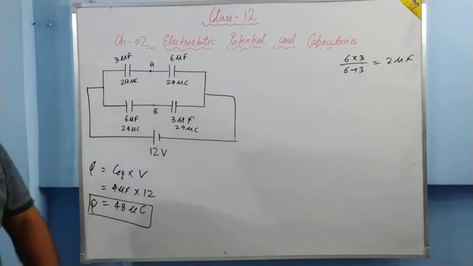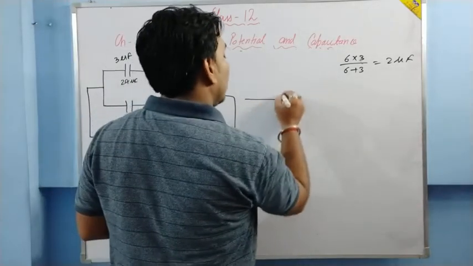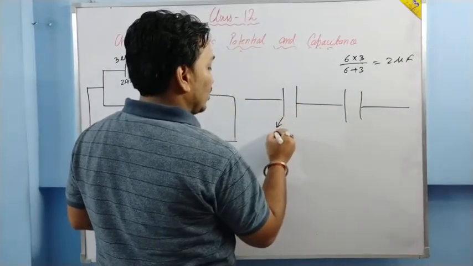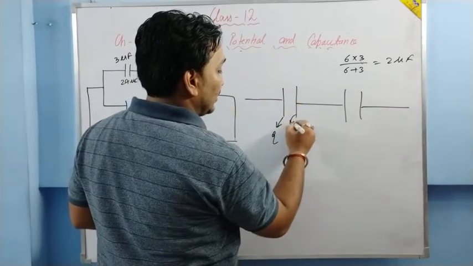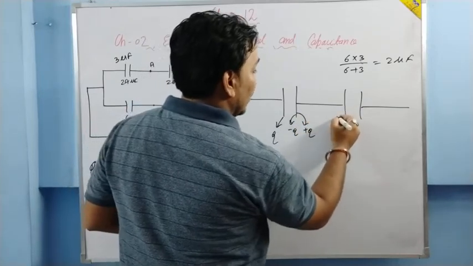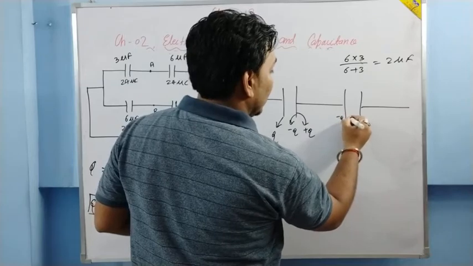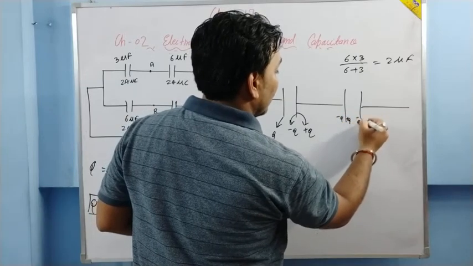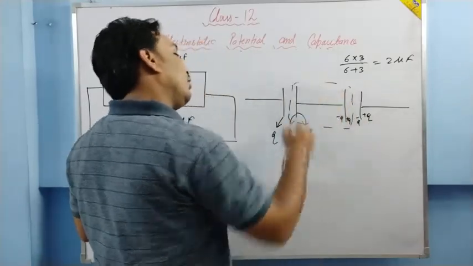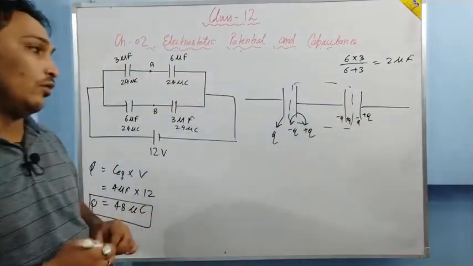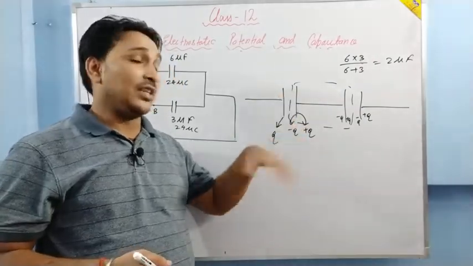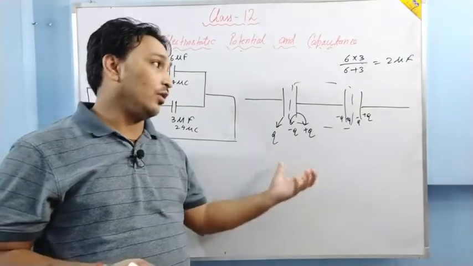I have told you what happens in series combination. In series combination, if this plate is given a charge Q, this side appears minus Q, this side appears plus Q, and then after this, this side appears minus Q, this side appears plus Q. This part of the circuit is not even connected to the battery. I have told you, what is the charge this capacitor is having on the inner side of the plate? Because that only creates the electric field and because of that only we have the energy.